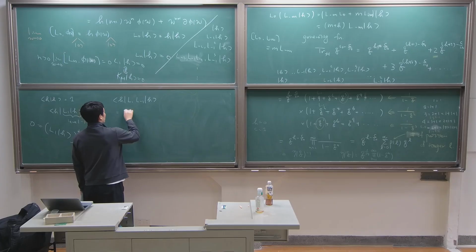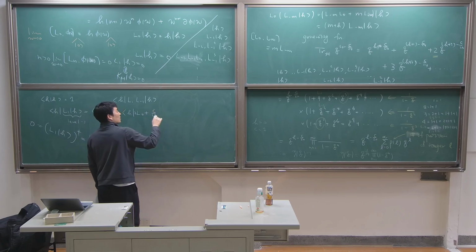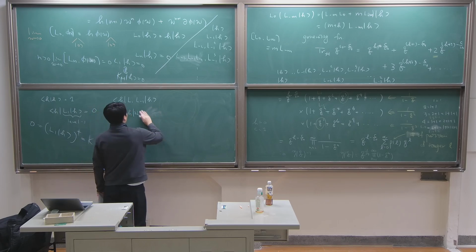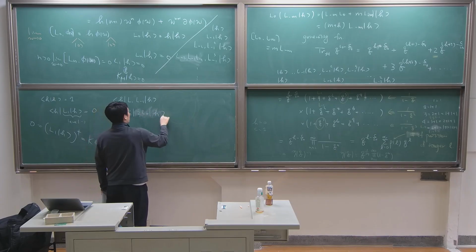So this one is equal to L1 L minus 1, which is 2 L0. Yeah, 2 L0, so 2H.